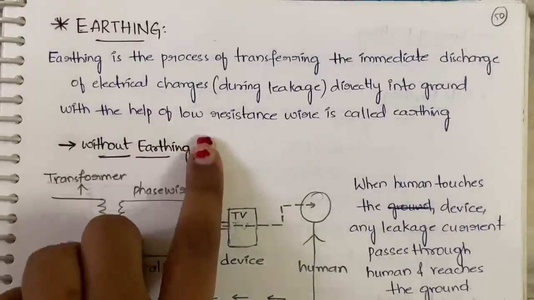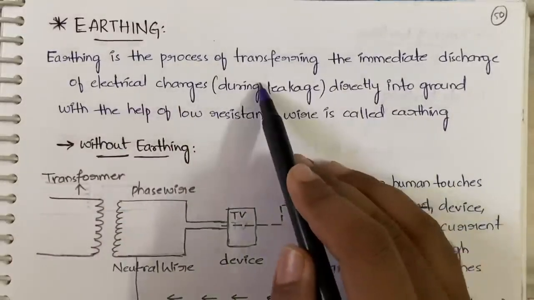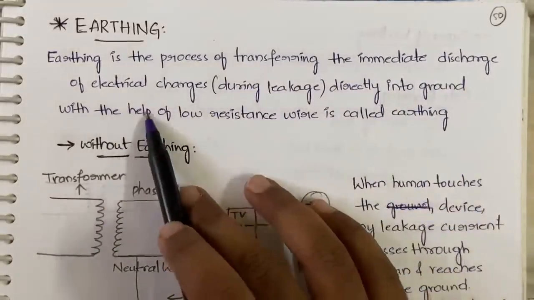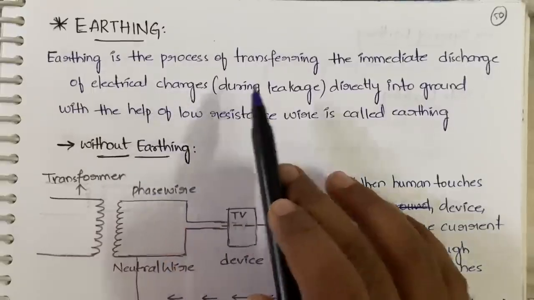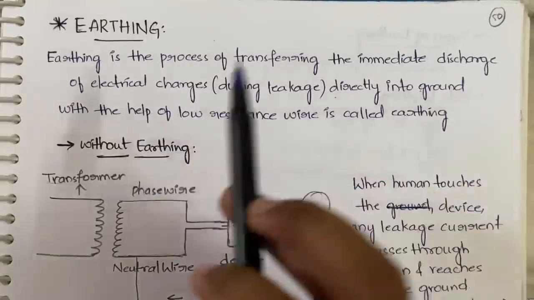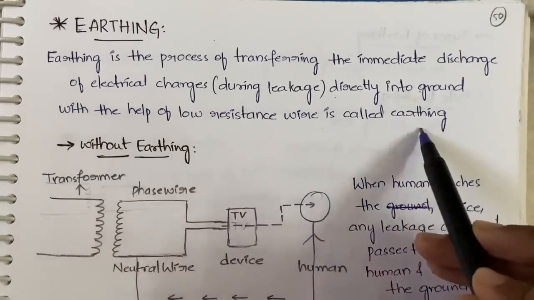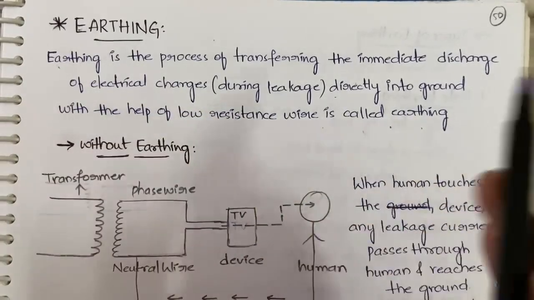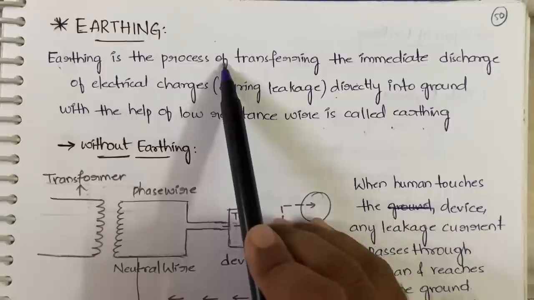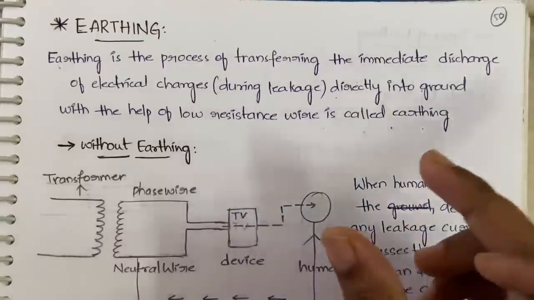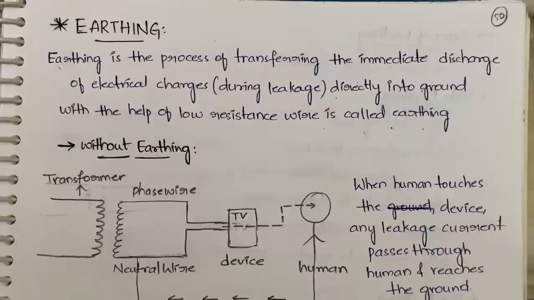Earthing is a process of transferring the immediate discharge of electrical charges directly into the ground with the help of a low resistance wire. It is a process of transferring the immediate discharge of electrical charges which occur during leakage.